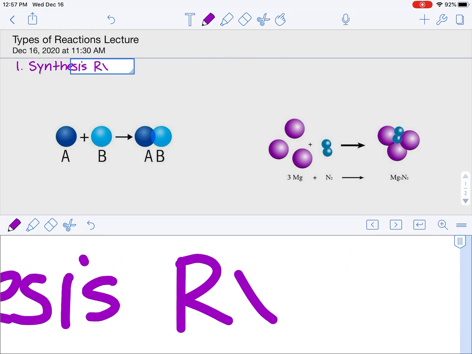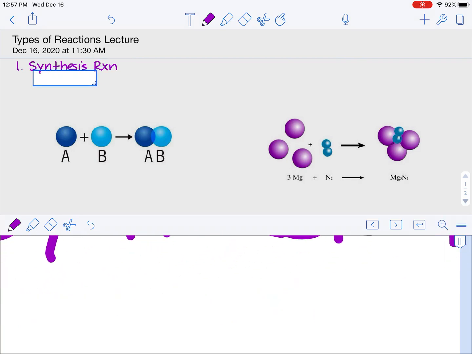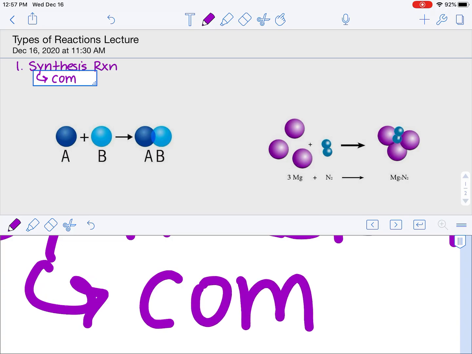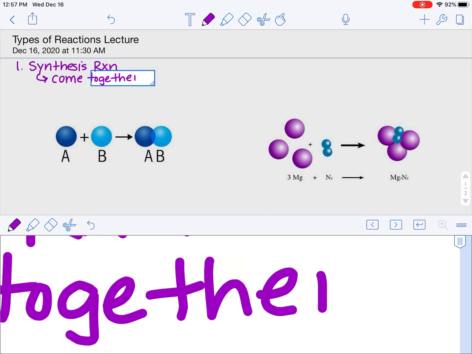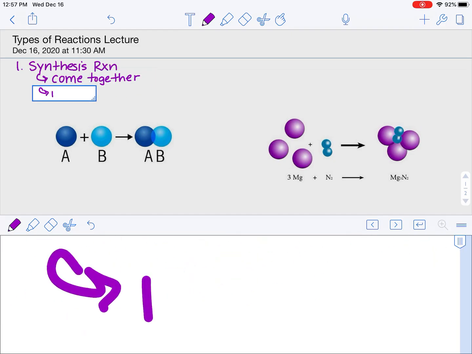Synthesis reaction. To synthesize something means to come together. And the same is true in our chemical reactions. What is it that's coming together?